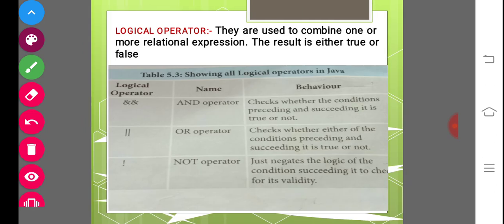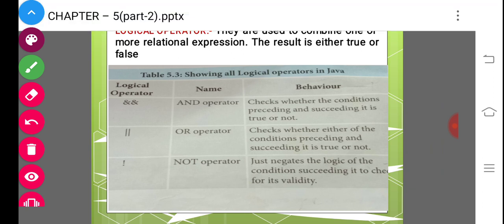Now here comes the introduction of the logical operators. The definition says that they are used to combine one or more relational expressions. So Java uses the logical operators and, or, not. These operators return true or false depending upon the outcome of different expressions. In case of the AND operator, it returns true if both the expressions return true.